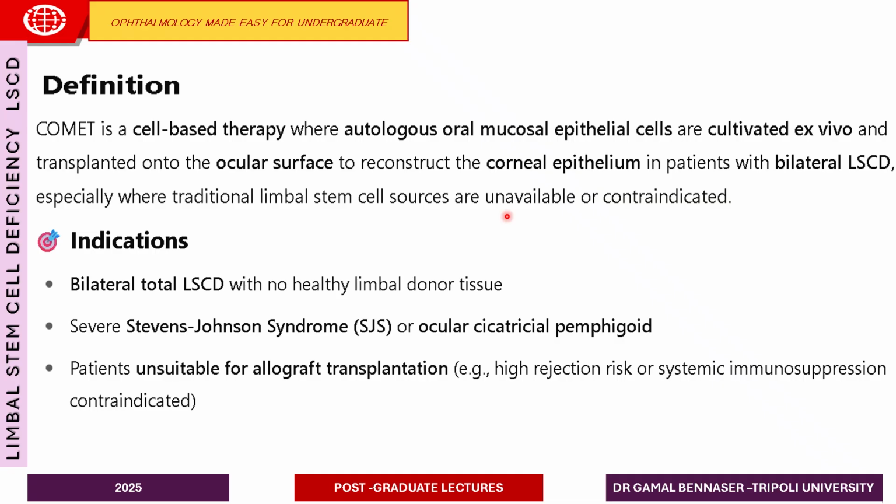So one of the options is to secure his ocular surface as a preliminary step for subsequent keratoplasty or keratoprosthesis later on. So we'll do this COMET to improve the ocular surface. As I said, it is useful in bilateral total limbal stem cell deficiency, like severe Stevens-Johnson syndrome or ocular cicatricial pemphigoid, where the patient is unsuitable for any allograft transplantation because he cannot tolerate the immunosuppression.